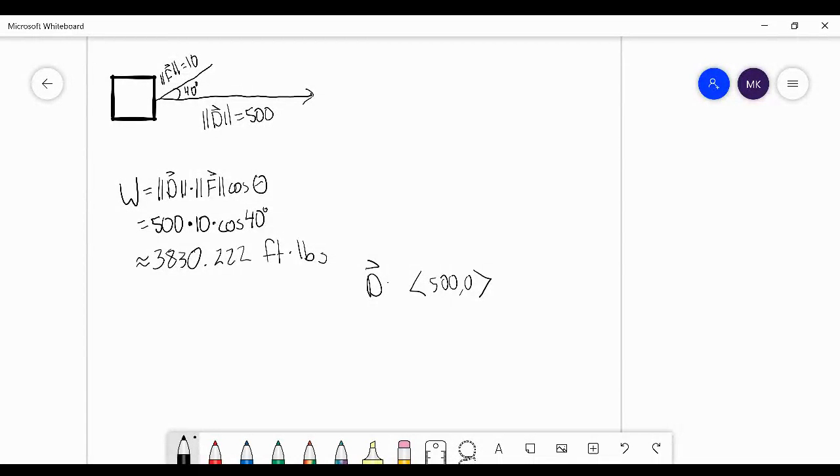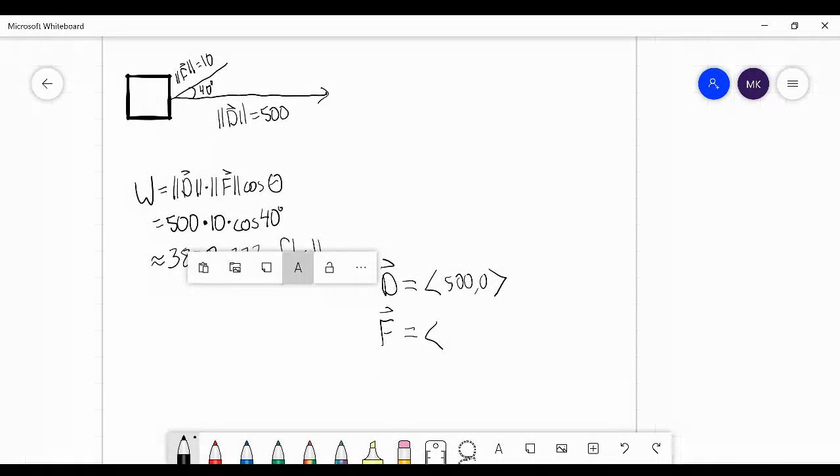This is vector D. The vector F, I believe, is about 7.66, 6.428.